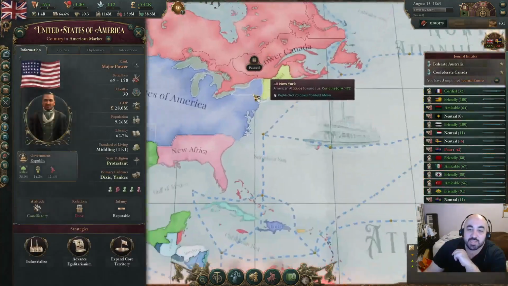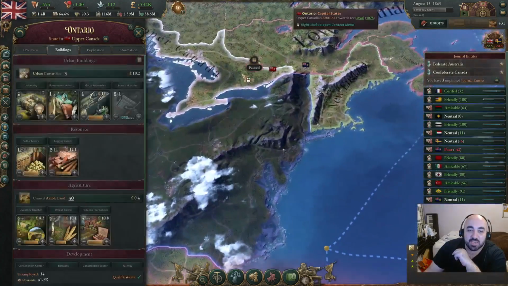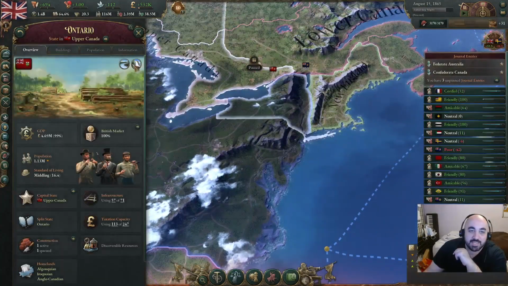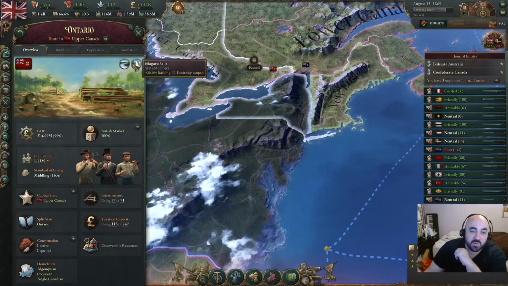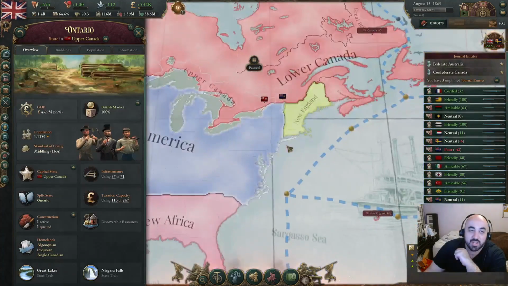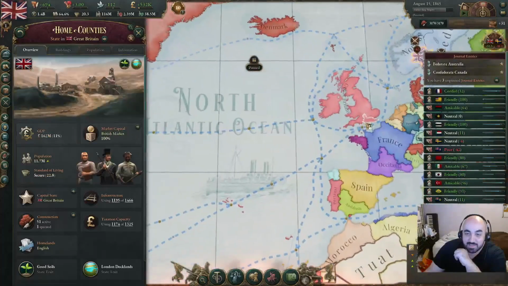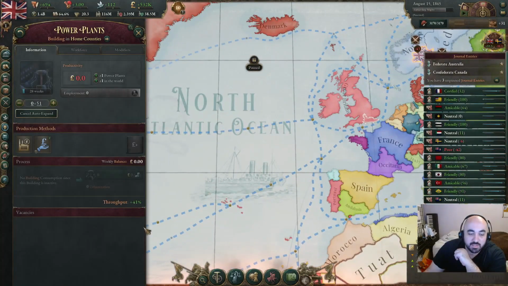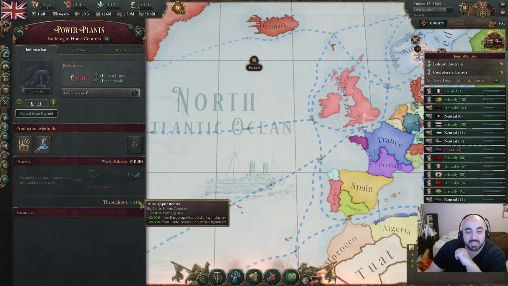And you could even do this in an unincorporated state like, let's say, Ontario, which has the Niagara Falls modifier, which gives plus 20% building electricity throughput. So if you were running that plus encourage manufacturing, and then you had trade unions, industrial modifiers, and then the 50% economies of scale bonus, what is that? That's a 110% throughput bonus. Very, very nice. And so this might be a strategy.